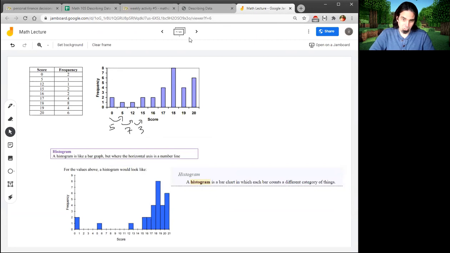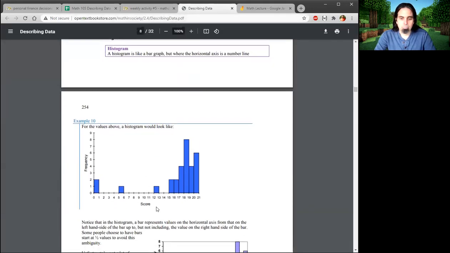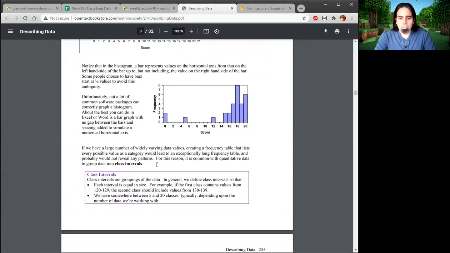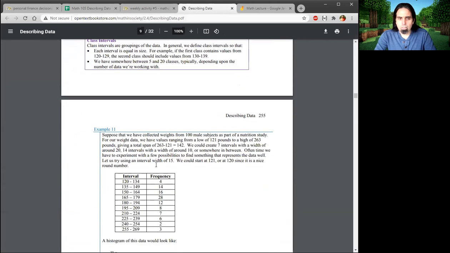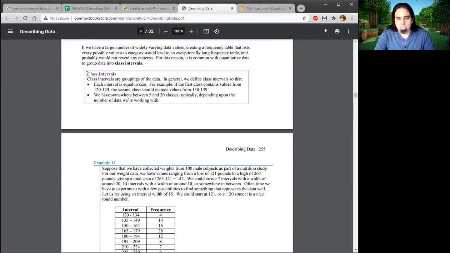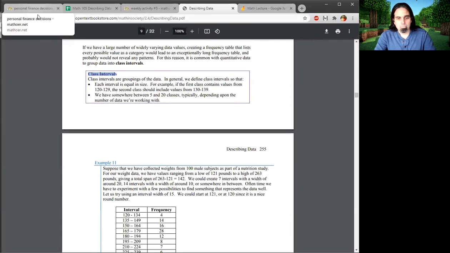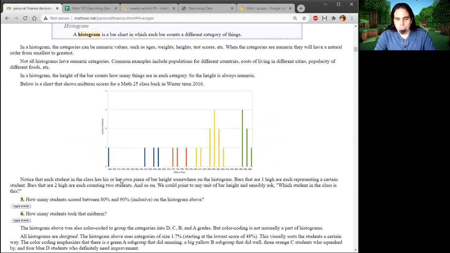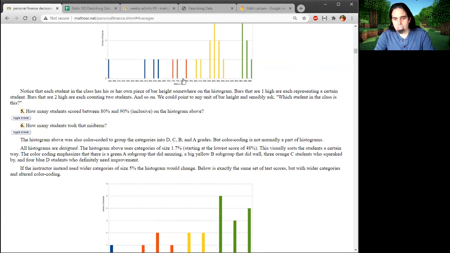Most people call those histograms too. Okay, in the book, they use class intervals for what I call bins. And we already talked about that if you change the size of the bins, you change the shape of the data. So this could be done accidentally, or it could be done purposefully to try and influence what looks typical on the chart.